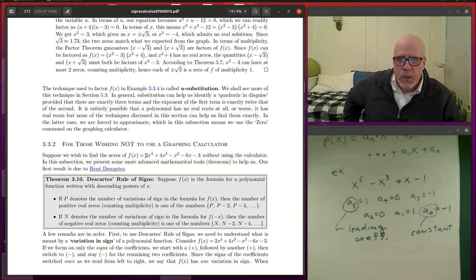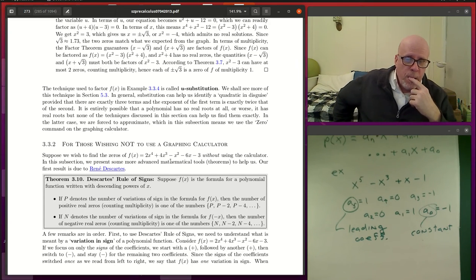Like this particular polynomial that they're working with, and they're going to do it without a calculator, has a +2, then a +4, then a -1, then a -6, then a -3. The changes happen right there between the +4 and the -1. There's one change in sign there.